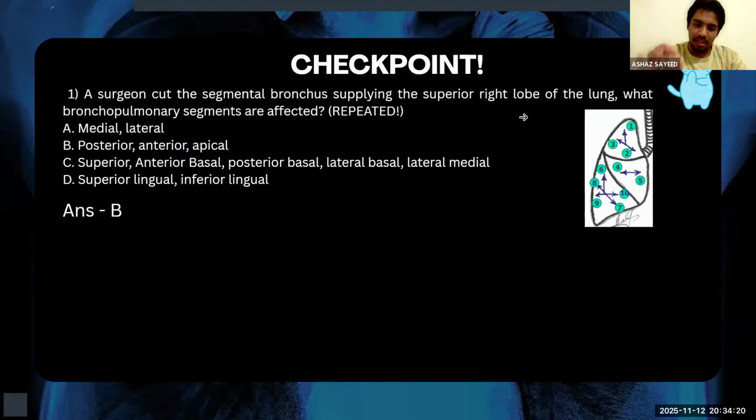If you know that the superior right lobe has 3 bronchopulmonary segments, you just look at the options, look at the one which mentions 3 segments. A mentions 2, C mentions like 5, D mentions 2, okay, B mentions 3. So superior right lobe of the lung, it has 3. That makes sense. That's the answer. Okay. And it's most likely going to be something easy like this.